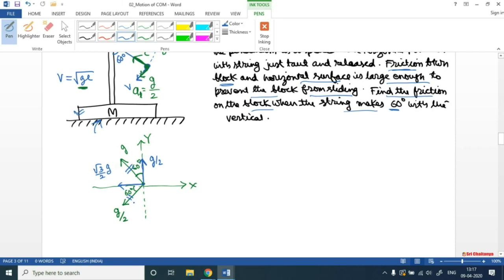Have we made some mistake? This is 60, 30 and 60 degree. So this direction here, that is g by 2 cos 60 degree, would be simply, I think, g by 4, and this is g by 2 sine 60 degree.